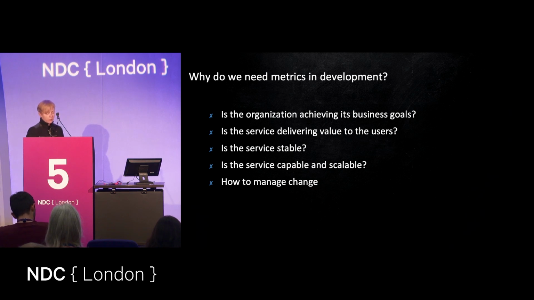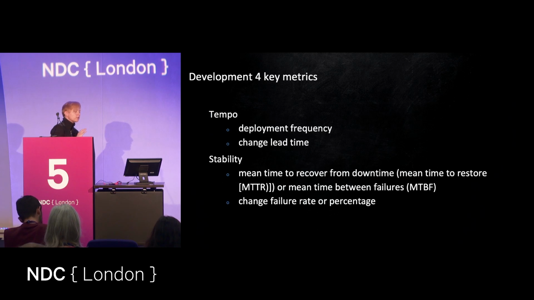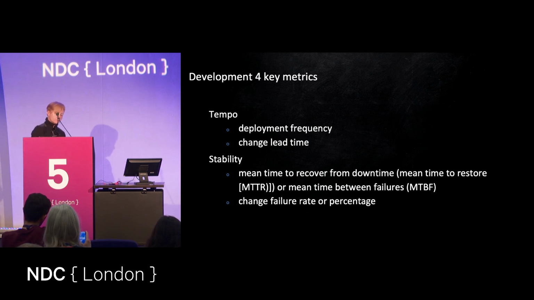And the way development gets measured, it has the 4 common metrics, which are focusing on the 2 areas, on the tempo and on stability. So this is what we can learn from development, and we will see it once we start to build the KPIs for DevSecOps as well, but we will get back to this: deployment frequency, change lead time, and so on.